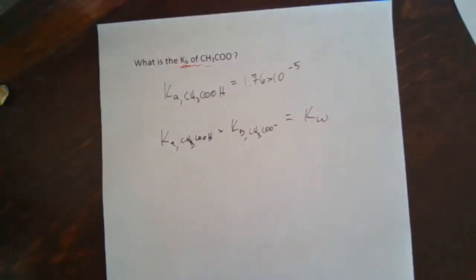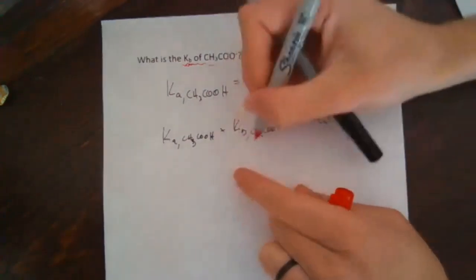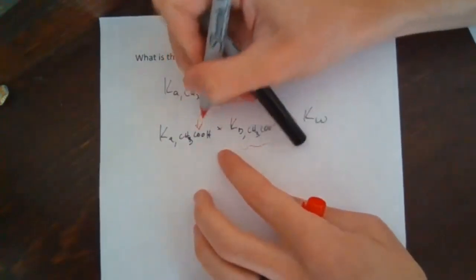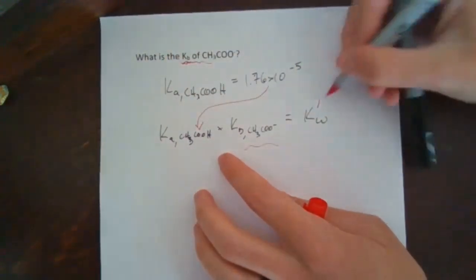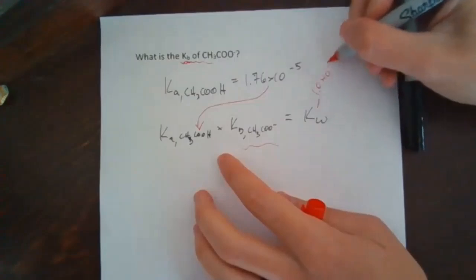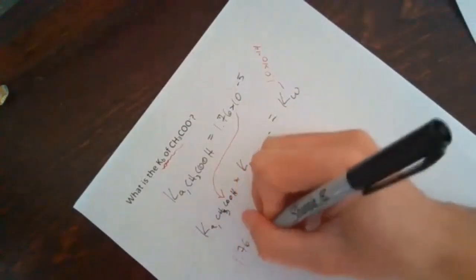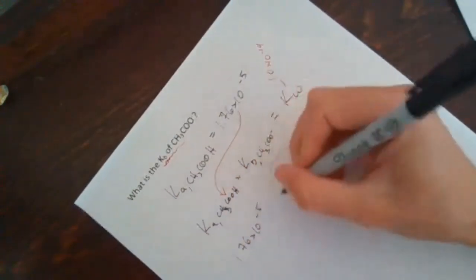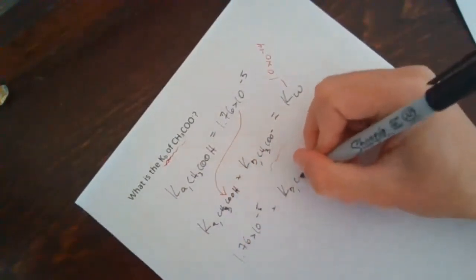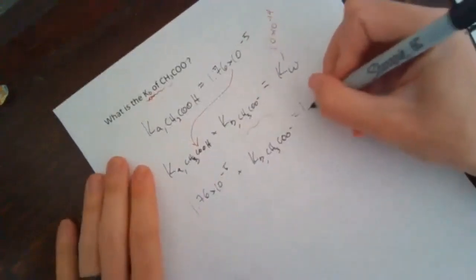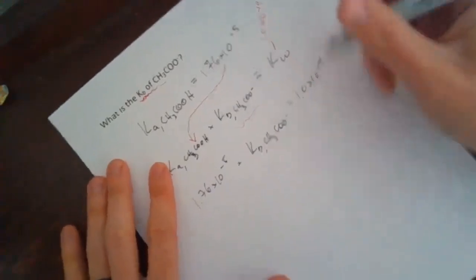The water autoionization. And so what we can do is take this value and plug that in there. That we can look up, or we know, is 1.0 times 10 to the negative 14. And so we can plug those in. 1.76 times 10 to the negative fifth times the Kb of the conjugate base, acetate, is equal to 1.0 times 10 to the negative 14th.